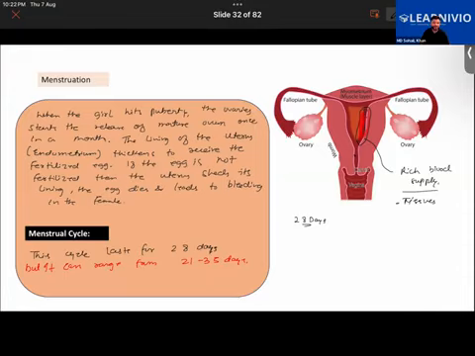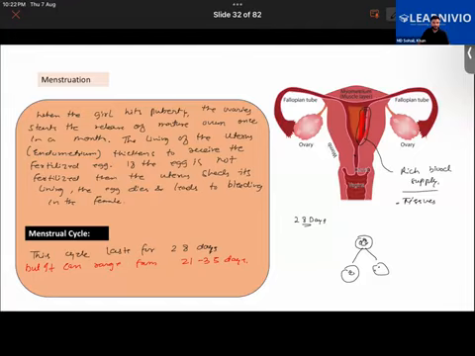But sometimes, if two ova are released and both of them get fertilized, that can result in twins. Or it could be due to the splitting of the fertilized egg into two. So that is how twins are born. Okay, is that clear?